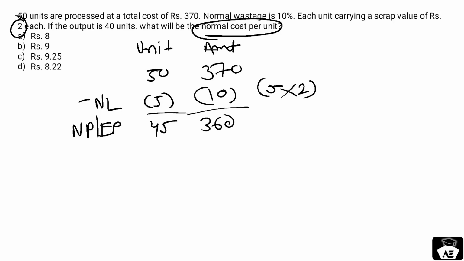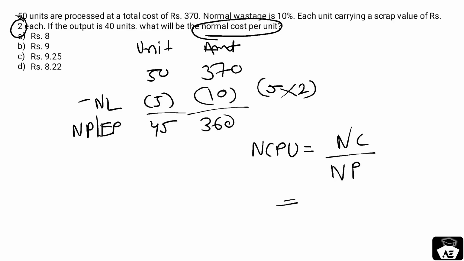Now in this case you don't need to find out abnormal loss or gain, because यहाँ पे आपको सिर्फ normal cost per unit पूछा है. So you have enough information to find out that. So normal cost per unit will be normal cost divided by normal production.